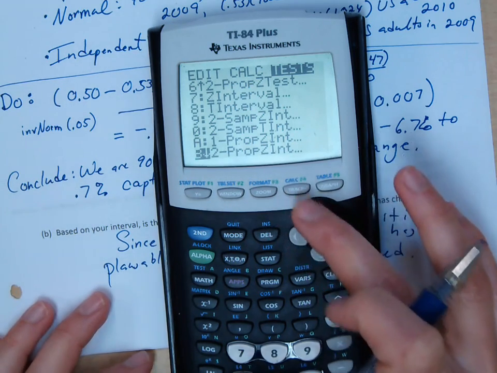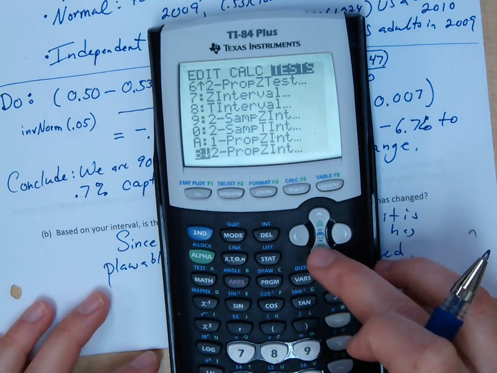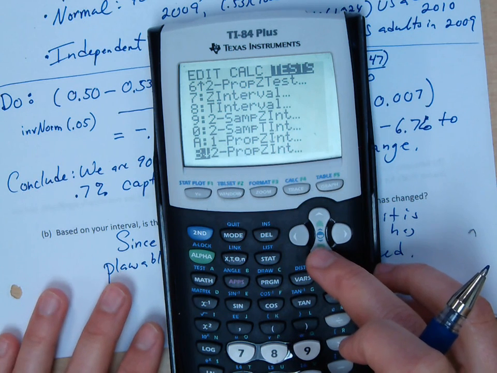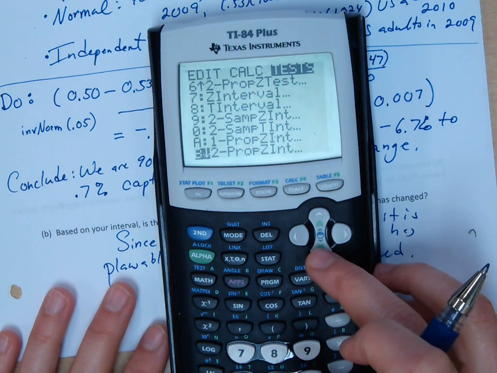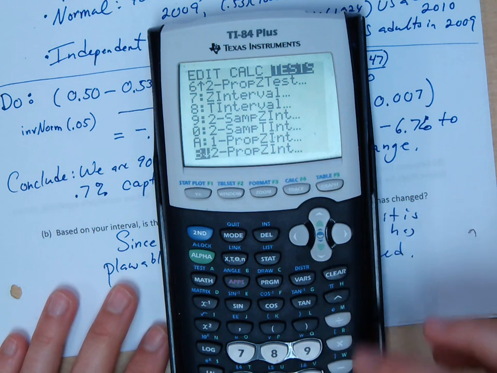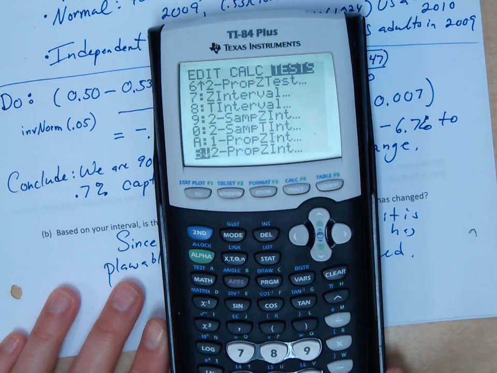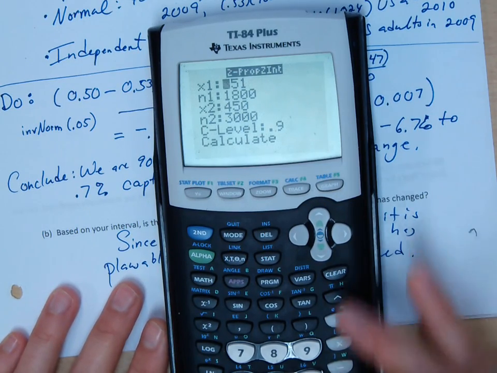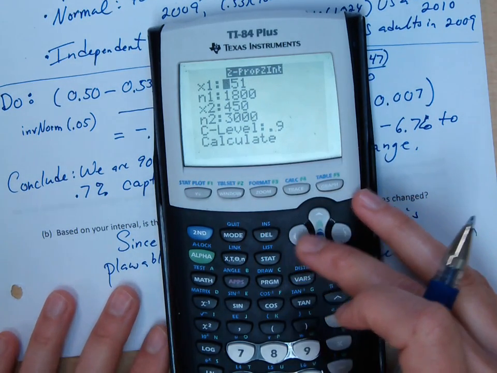It should be B, letter B. That's the thing, it's easy to pick the wrong one too. So you have to be really careful. So go to 2prop z int, interval, int is for interval, not integer. Hit enter.